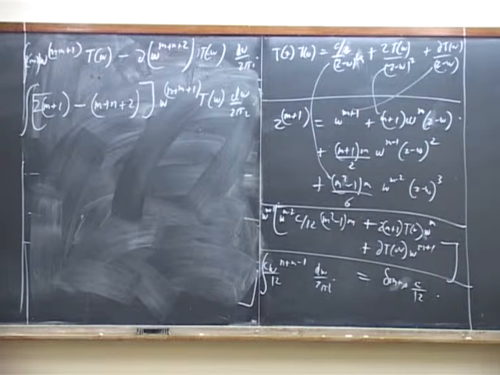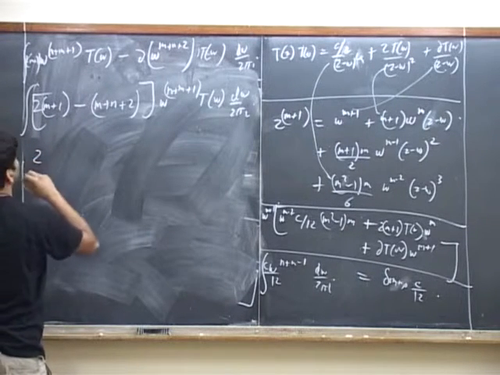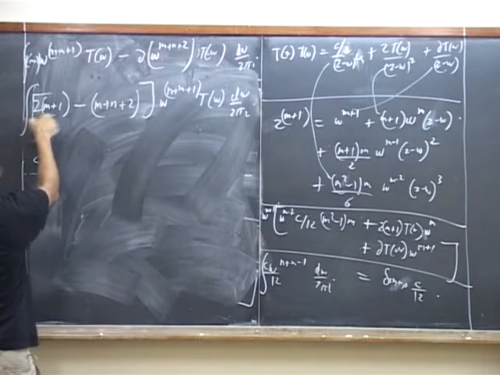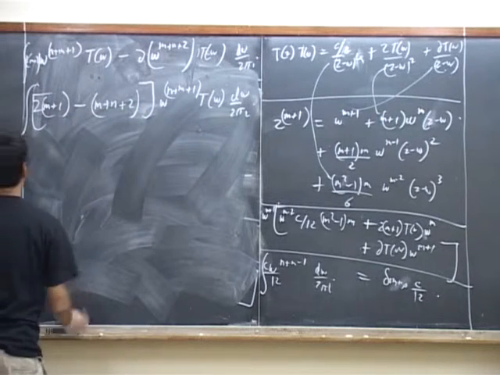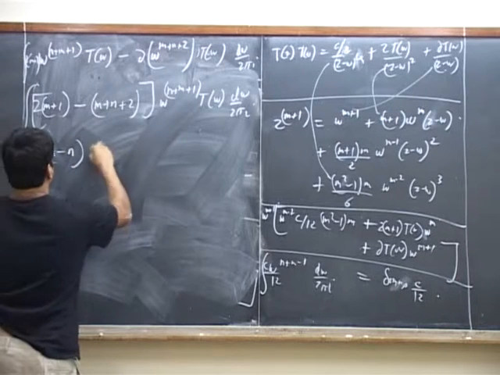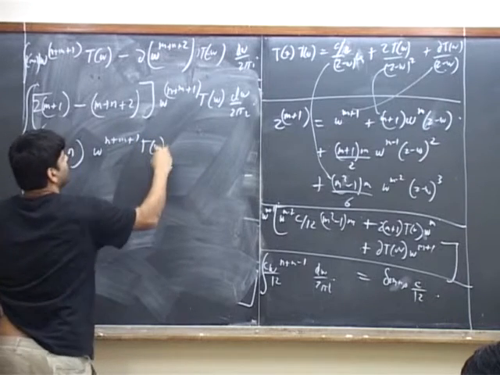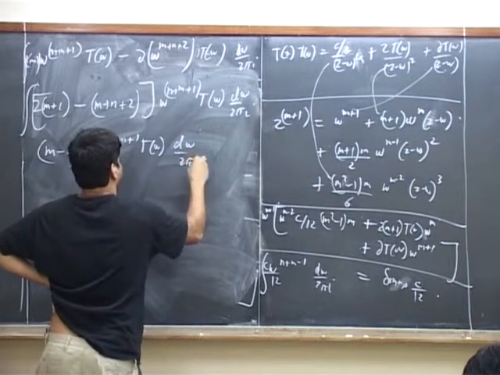Is this clear? Okay, so what do we have? The 2 and 2 cancel. So we get m minus n into w to the power n plus 1 d of w dw by 2 pi i.